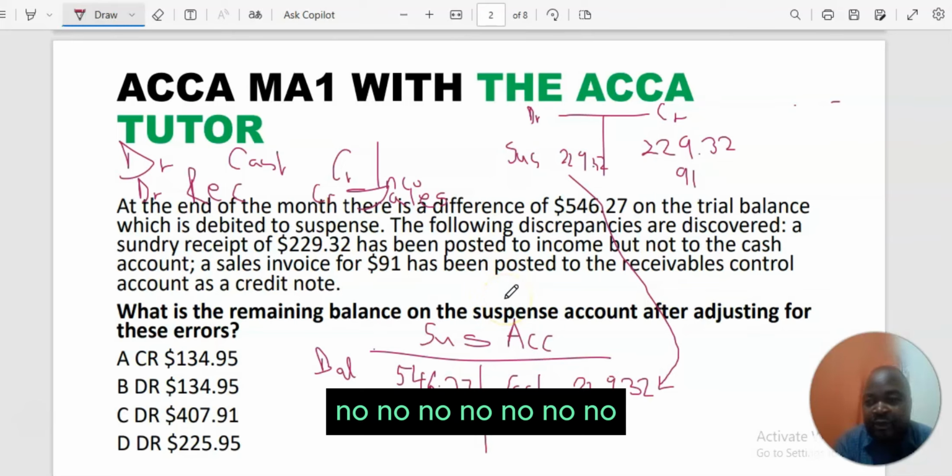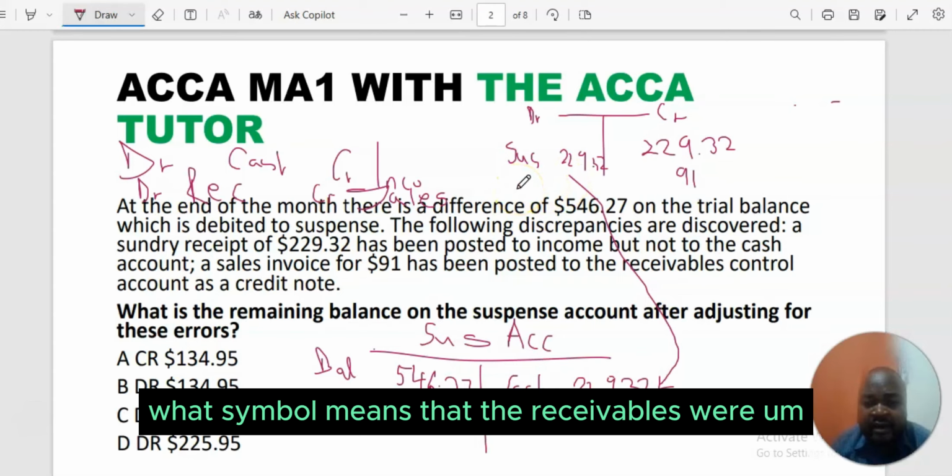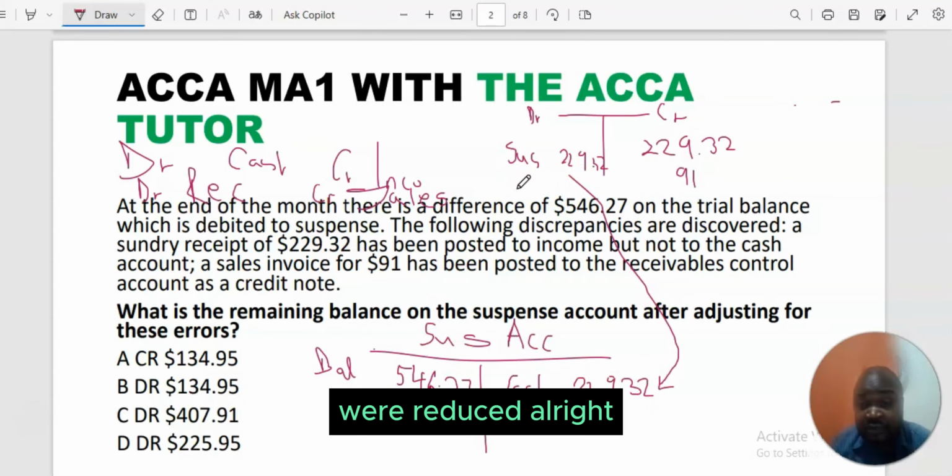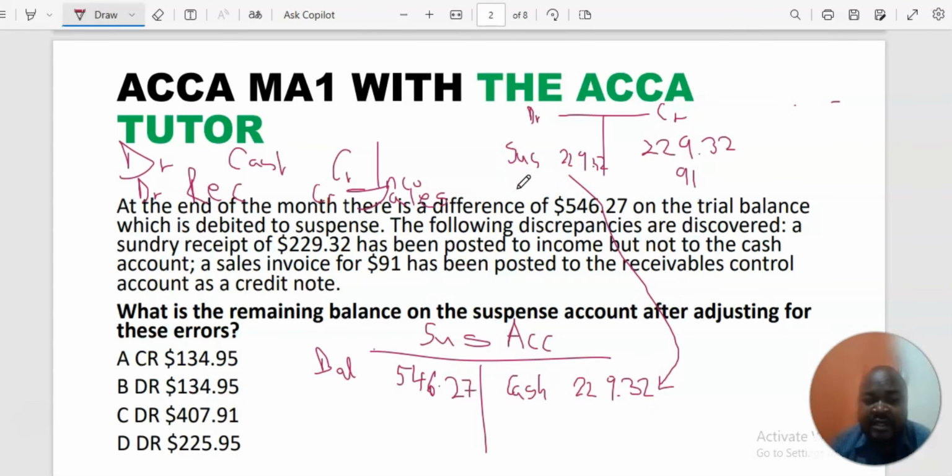Okay, I'm trying to figure out. Anyway, so the sales side was entered correctly as 91. But the receivable side was entered as a credit note. So what it simply means is that the receivables were reduced.